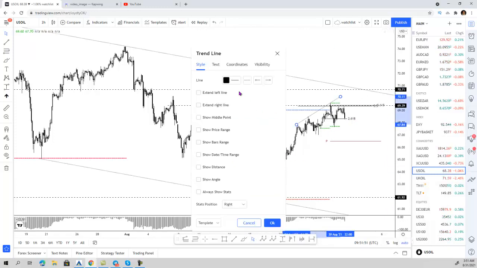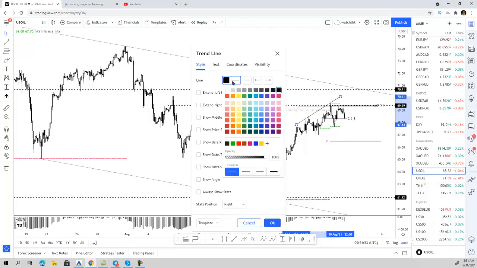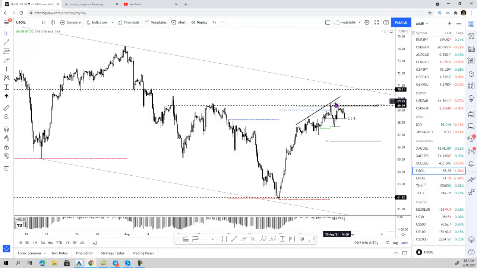Now I was saying that we are looking at a possible pullback, a reversal pattern here at the highs, right? So let's have a look at what we have going on here. What we have here is basically a very short-term structure move, right? So by no means is it the time to sell in this market or to short crude oil, right?